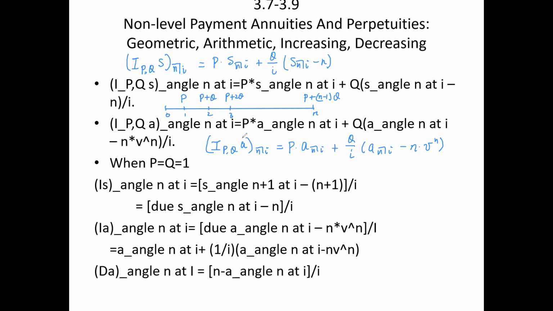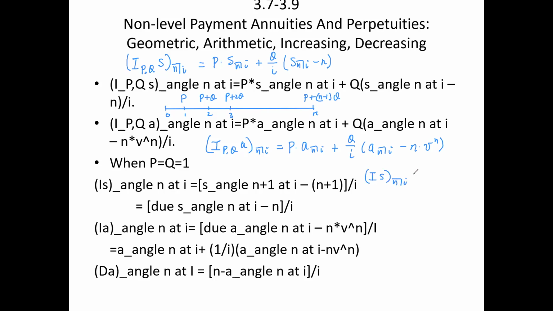We have another two formulas with two dots, the annuity due. And I guess I'm gonna just skip that one. For IS, which means when P equals Q equals 1, we have IS, that's the future value.